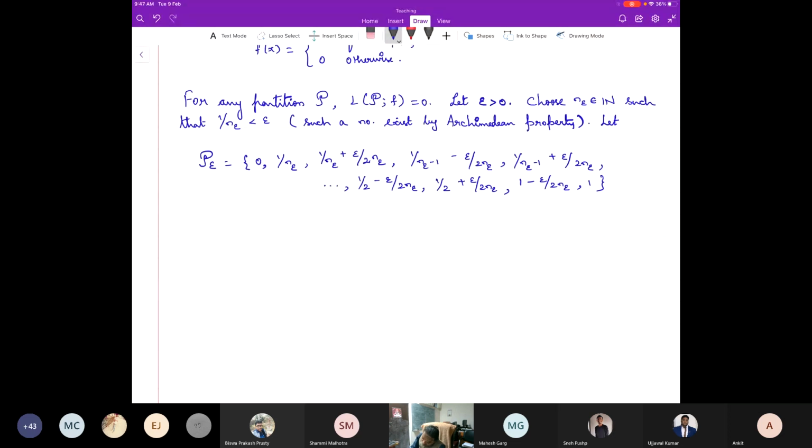Now, exercises. Calculate U(P_epsilon, f), then find the difference. Or simply, finish this example.